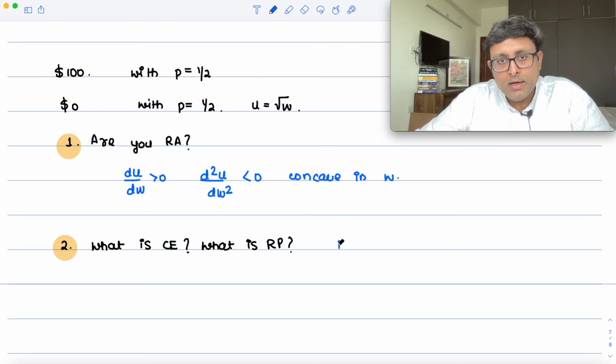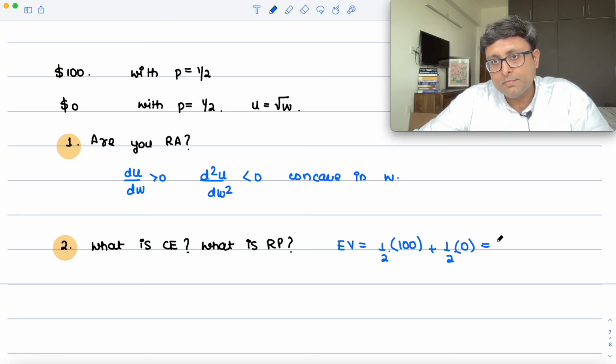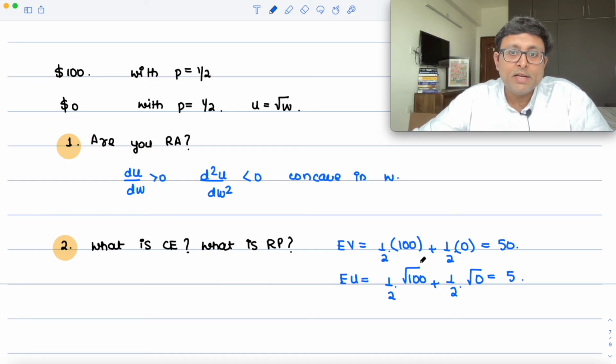So first of all, let us just find out the expected value, right, beta. So expected value is just 50. Expected utility is 1 by 2 root of 100 plus 1 by 2 root of 0. This will come out to be 5. And why root? Because that's what my utility function is. So this is what my expected utility from this gamble is.